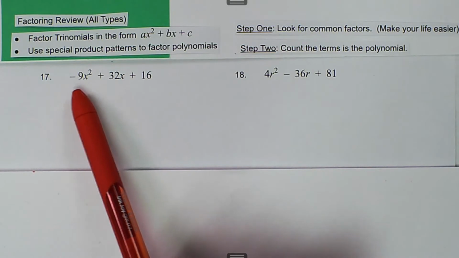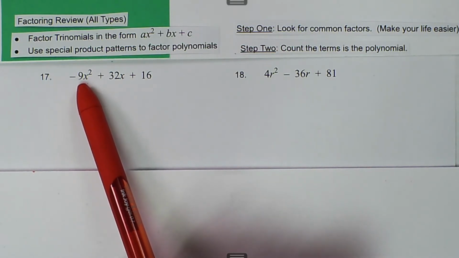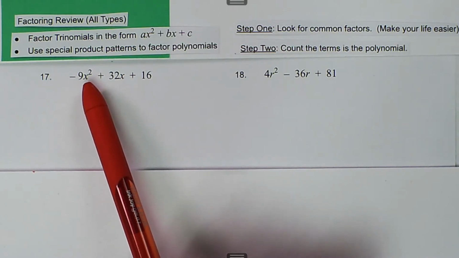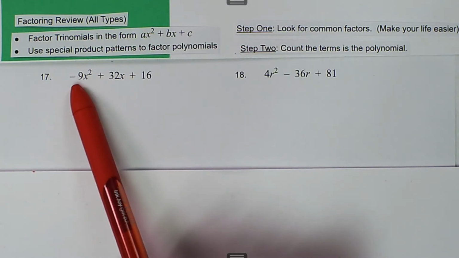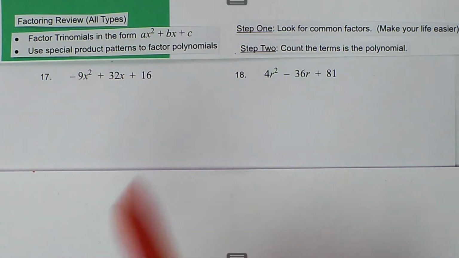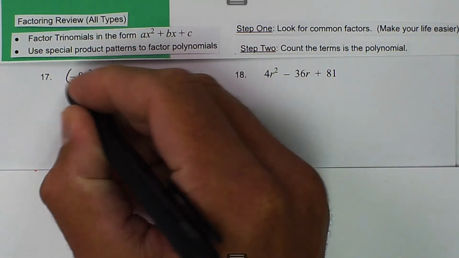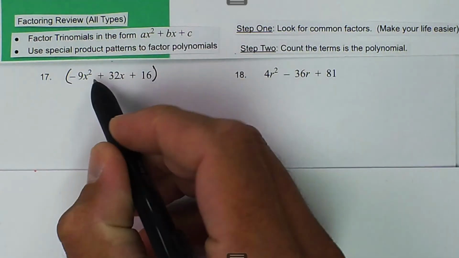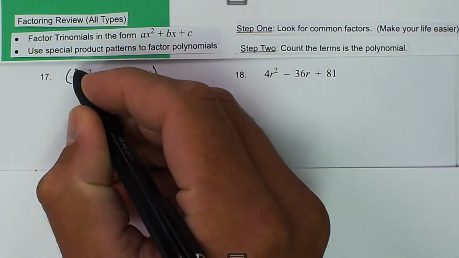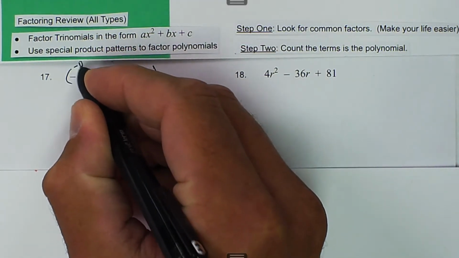The next thing we want to look at is that we always want our lead coefficient to be positive. In this case, our lead coefficient is negative 1. So we want to factor out a negative 1 from this equation, taking a negative 1 out of all of the terms.